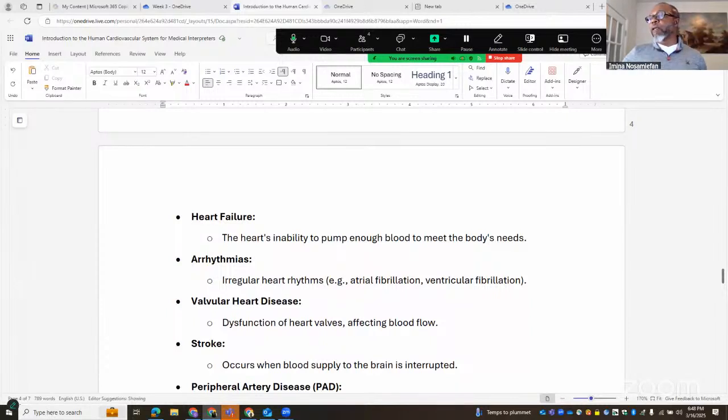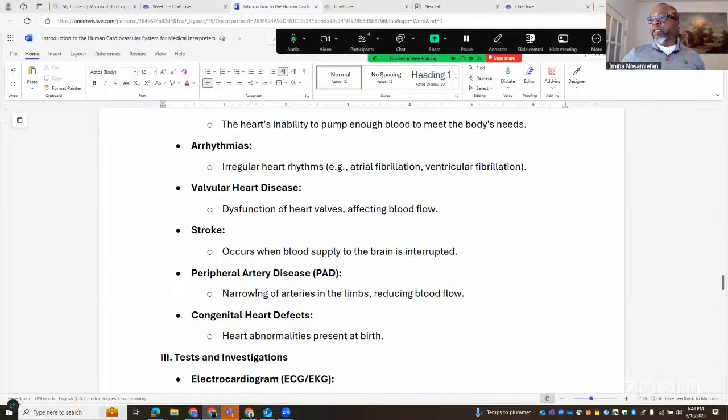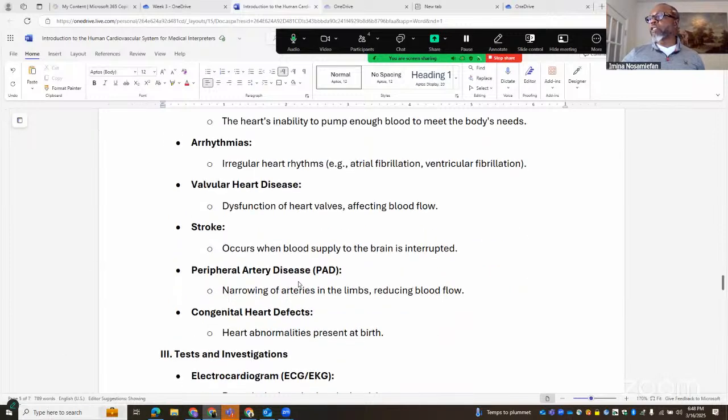So that's stroke. There's also peripheral artery disease. It's narrowing of the arteries in the limbs, reducing blood flow. That occurs a lot in diabetes.